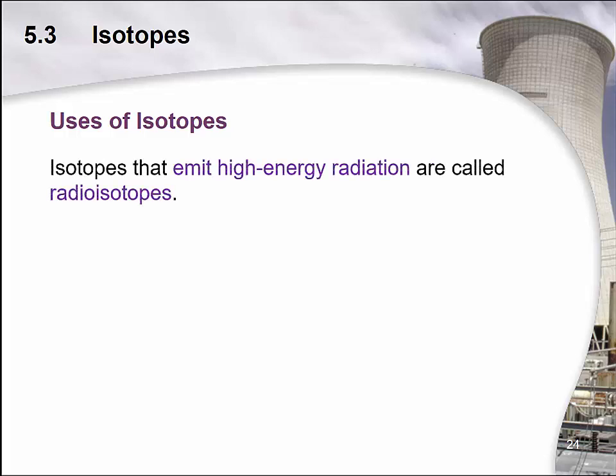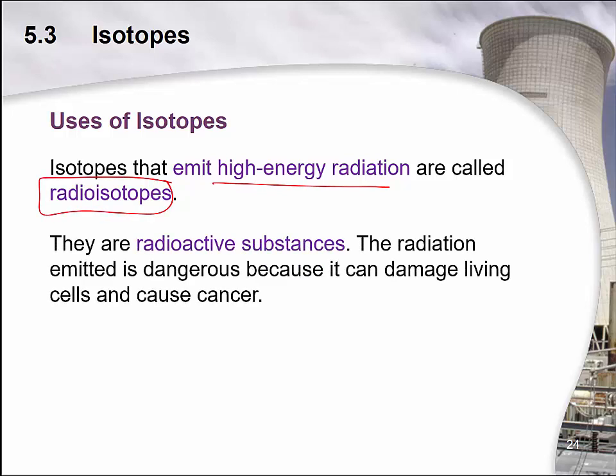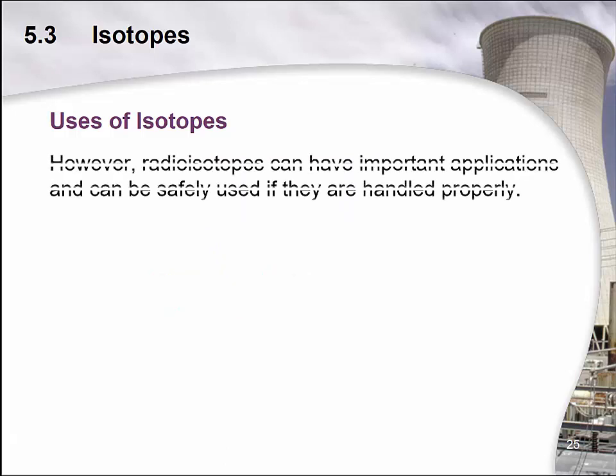Uses of isotopes. Isotopes that emit high energy radiation are called radioisotopes. Okay, the radiation given out. So they are radioactive substances, and the radiation emitted is dangerous because it can damage living cells, and of course it can cause cancer. However, radioisotopes can have important applications and can be safely used if they are handled properly.